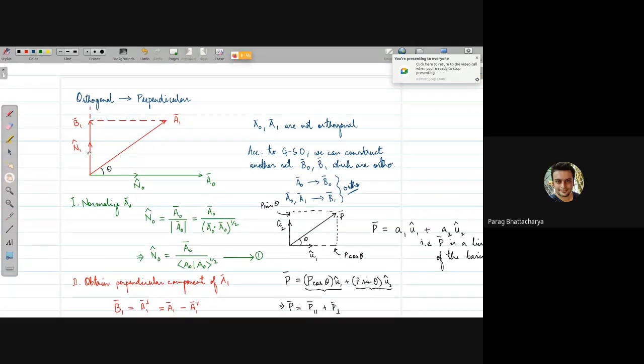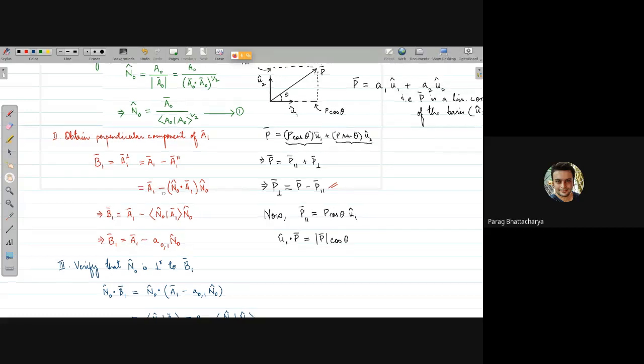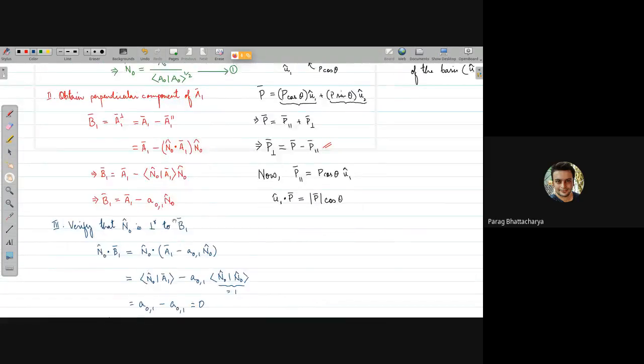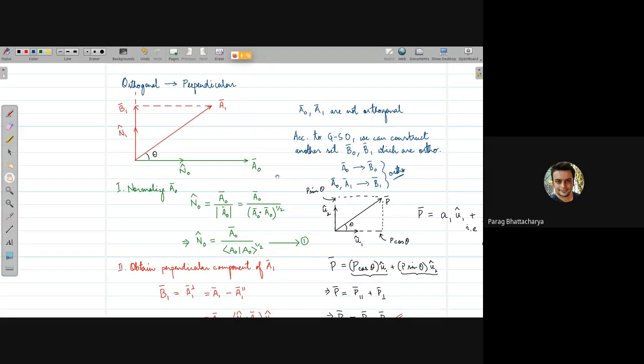This is the formula, this is how you get the perpendicular projection. And this perpendicular projection, you normalize it, that gives us the unit vector along b1. So n0 and n1 is going to be the orthonormal set that we're looking for.